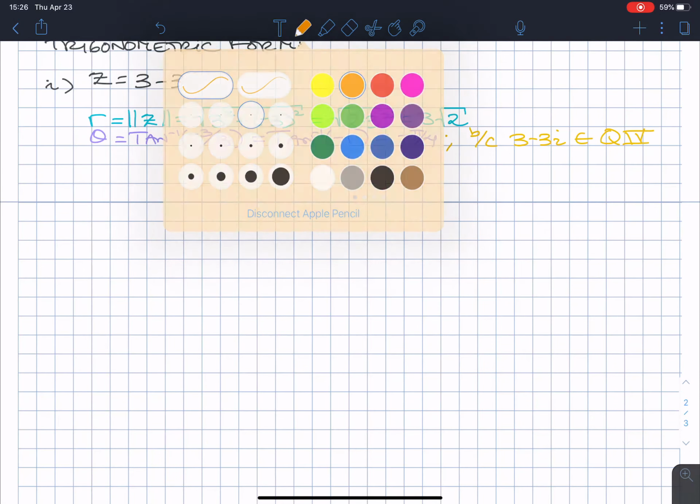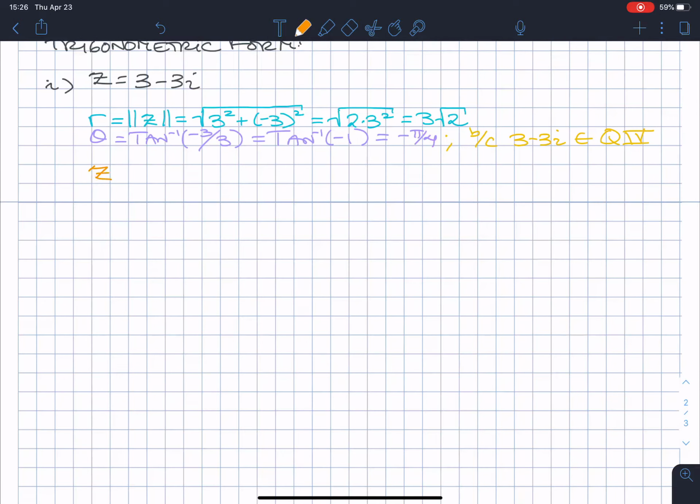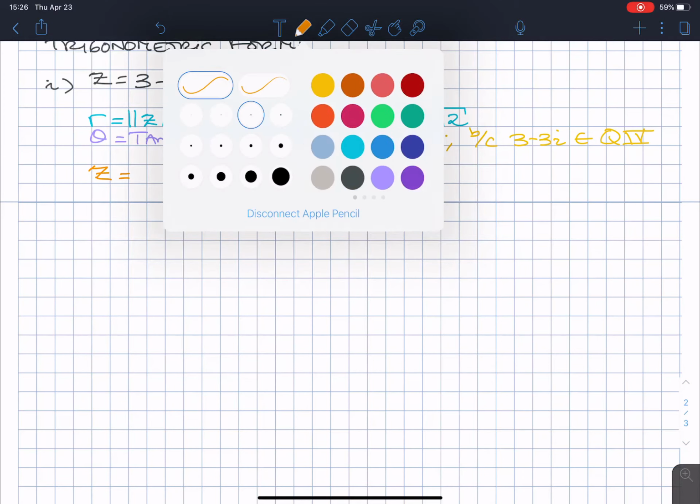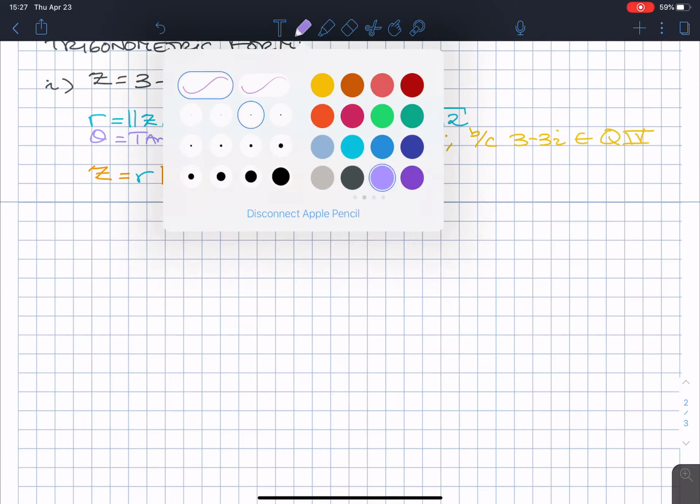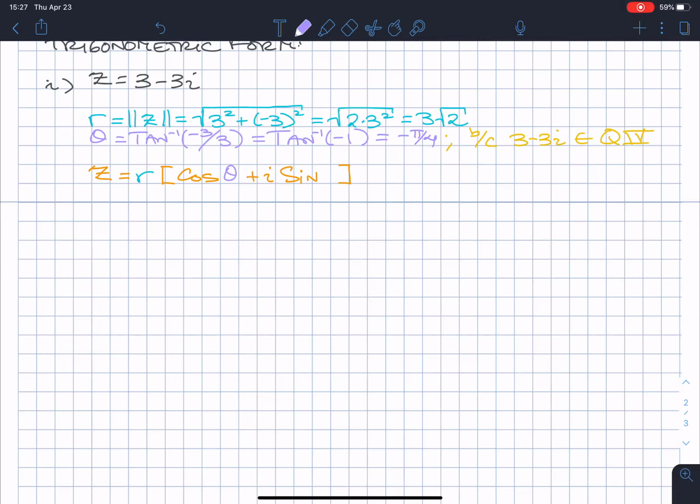Okay, so we have that z, which is r, times a quantity cosine of theta plus i sine of theta, where theta is our argument.